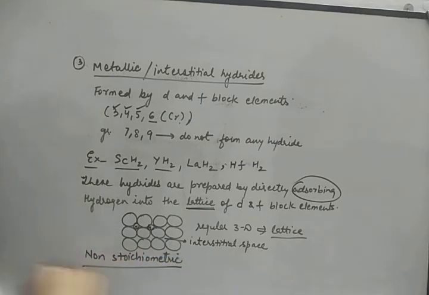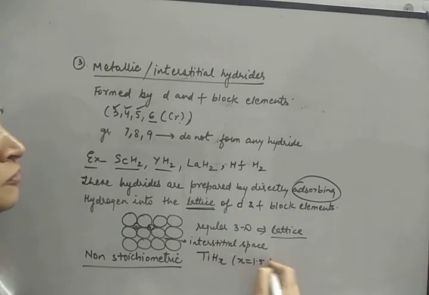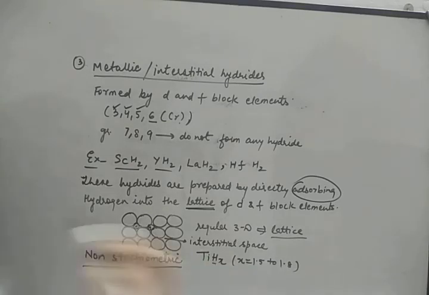Now, what is the meaning of non-stoichiometric? Non-stoichiometric means the ratio of cation and anion is not same as indicated by their formula. For example, we have titanium hydride, TiHx, where x can be 1.5 to 1.8. So with one atom of titanium, I can have 1.5 to 1.8 atoms of hydrogen.